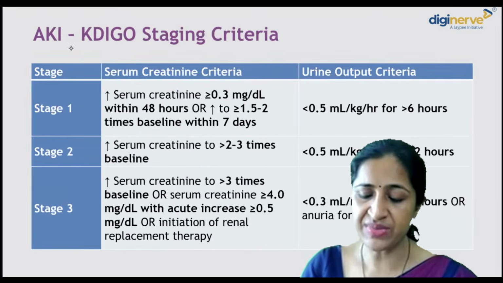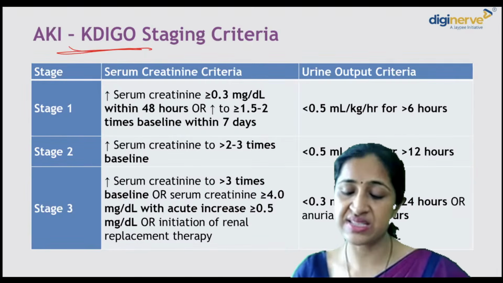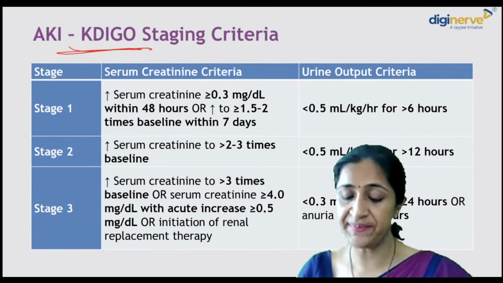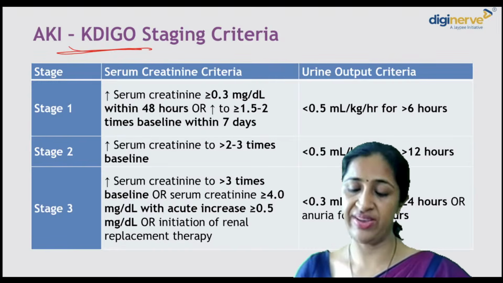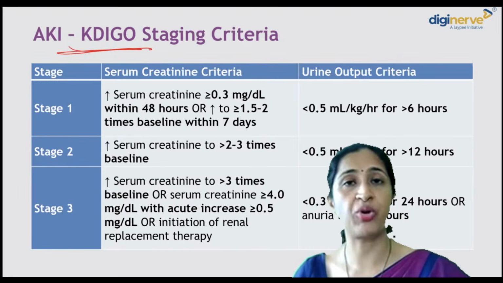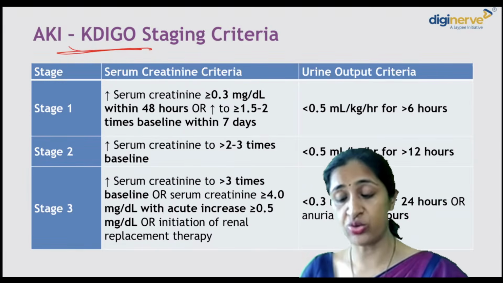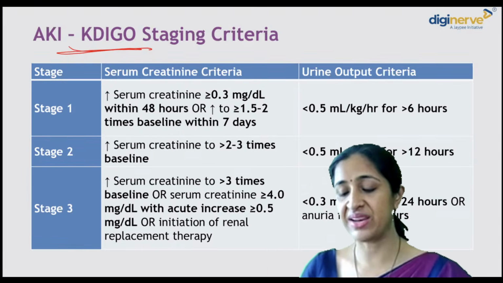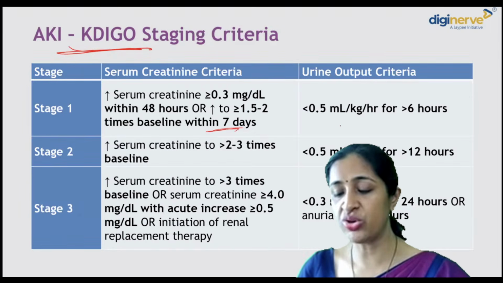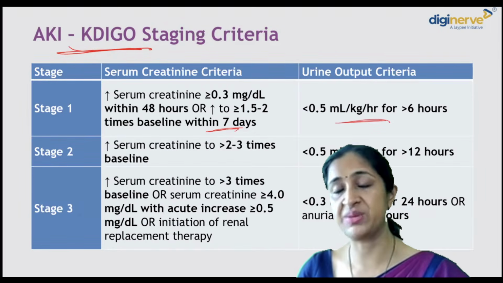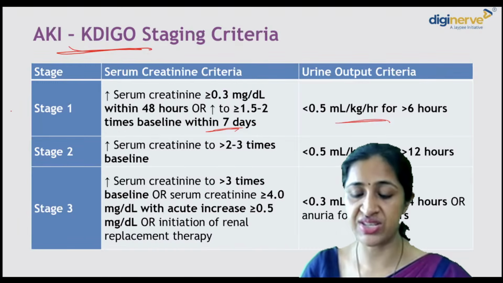Now we have something called the Kidney Disease staging criteria. Here you have stage 1, where if the creatinine is rising by more than 0.3 milligram per deciliter within 48 hours, or more than 1.5 to 2 times the baseline within 7 days, with a urine output less than 0.5 ml per kg per hour for more than 6 hours, it is stage 1.